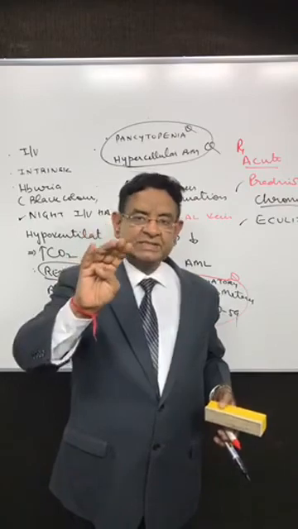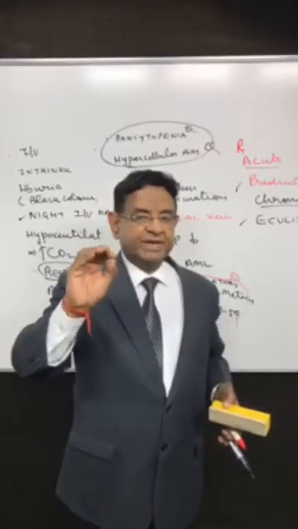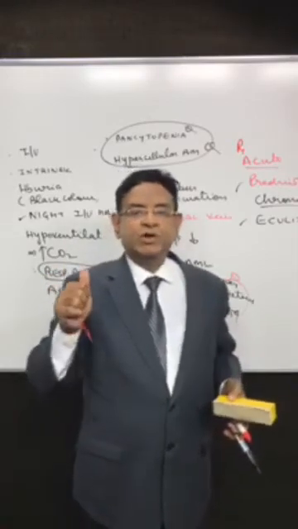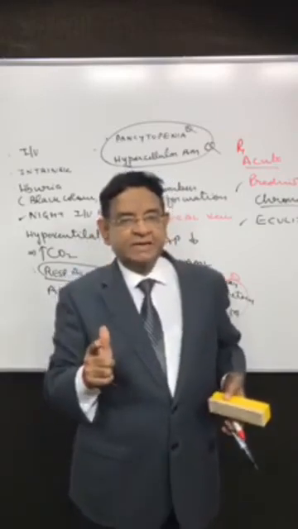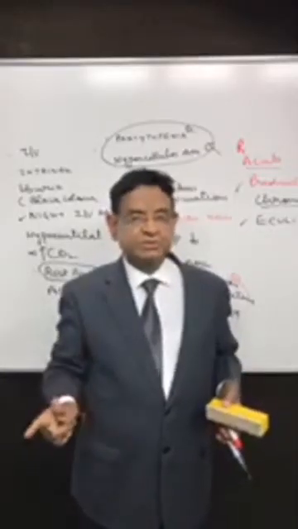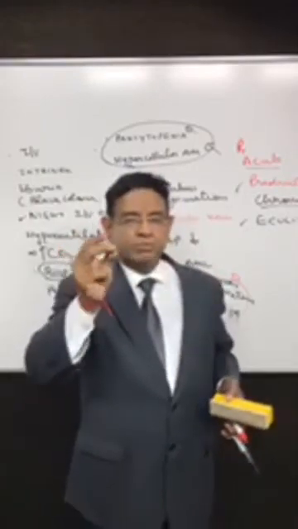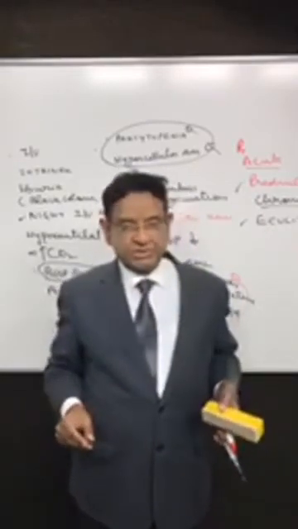Fourth, there is deficiency of CD55 and CD59. Point number 5, we also get thrombosis. Point number 6, LAP score is reduced. Next, point number 8, the most common cause of death is cortical vein thrombosis.